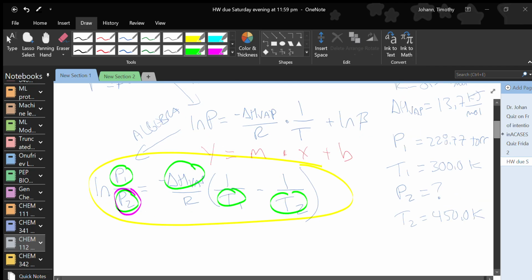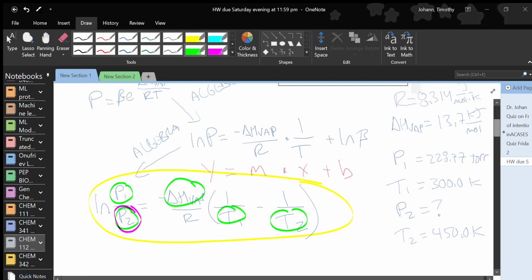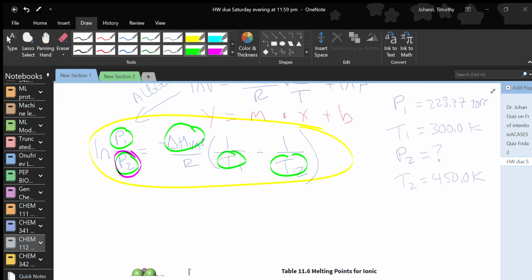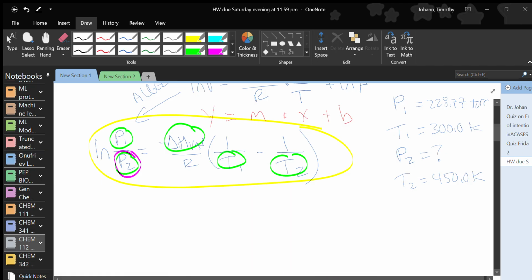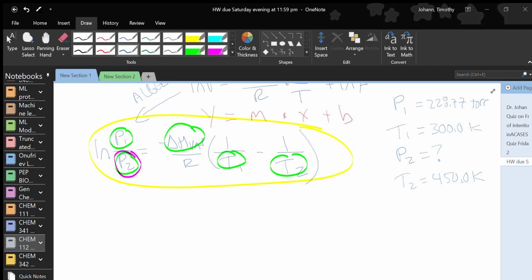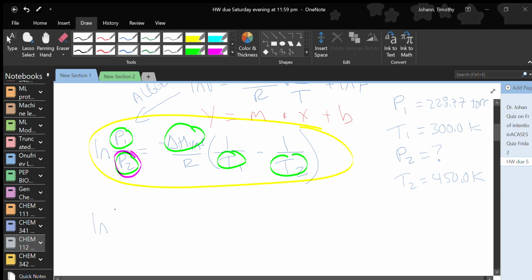So if we go ahead and write this out, you maybe wrote those down, you maybe didn't. I got them memorized at this point. So the logarithm of our first pressure was 228.77 torr, right? Our second pressure, that's what we're solving for. Our heat of vaporization was 13.7 kilojoules per mole.